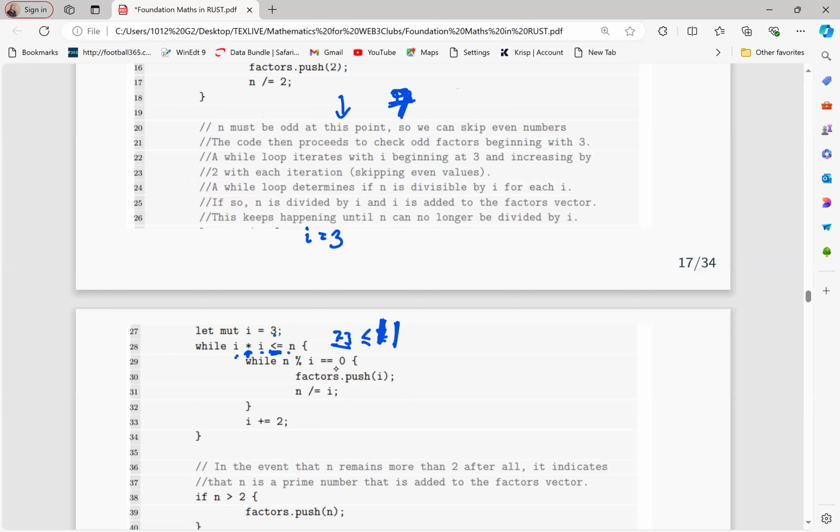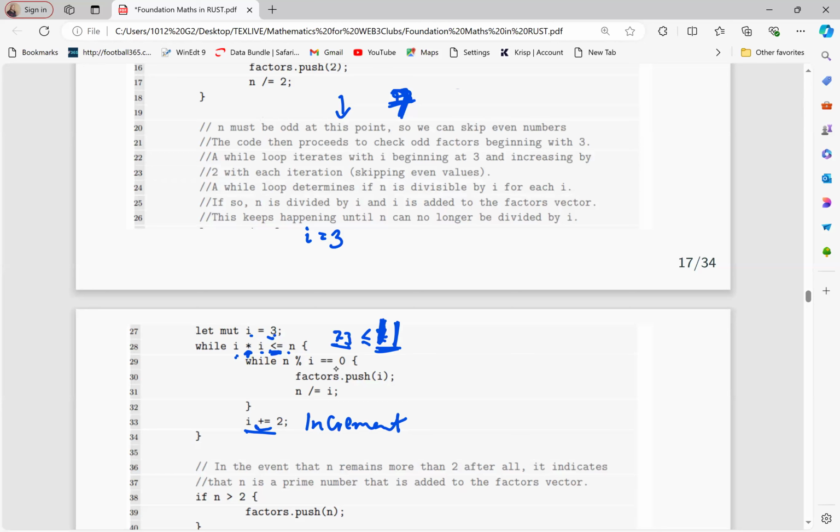It comes here now, and you try it here. What does it say? When you find that i, which is 3, cannot divide this number, you increment i by 2.